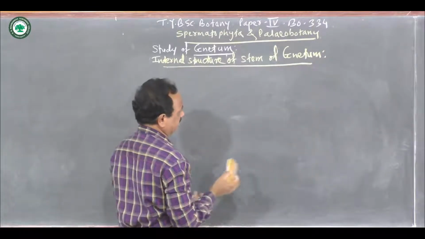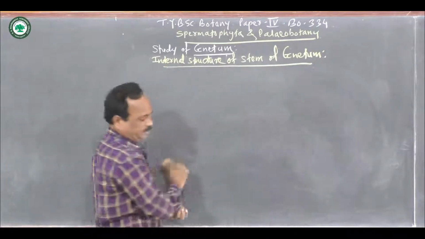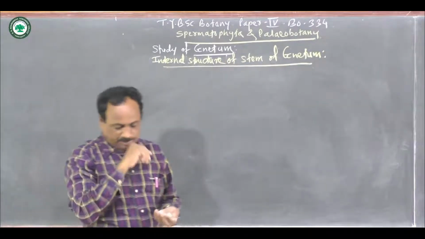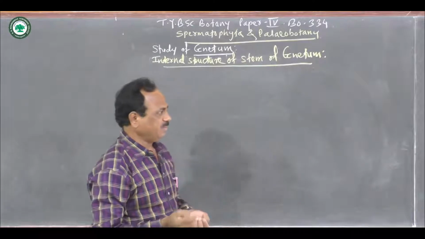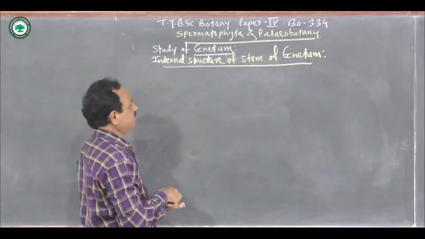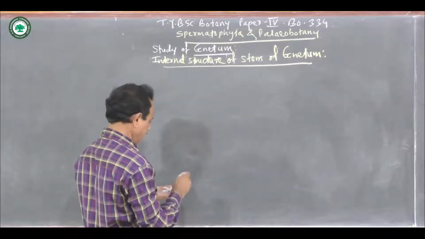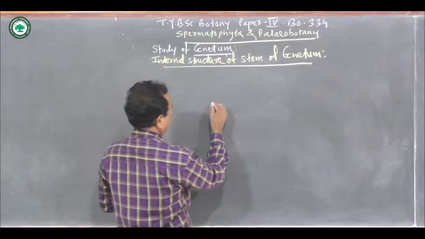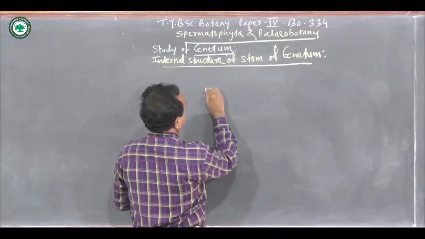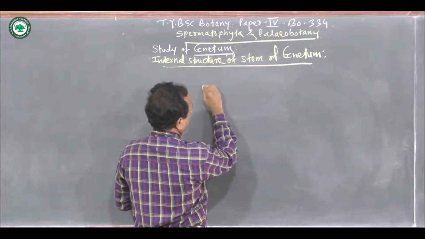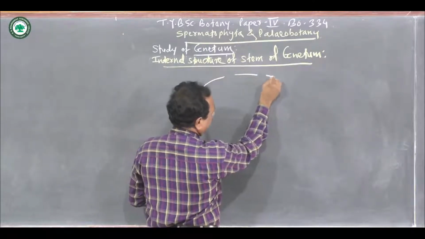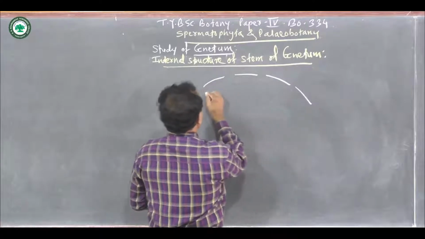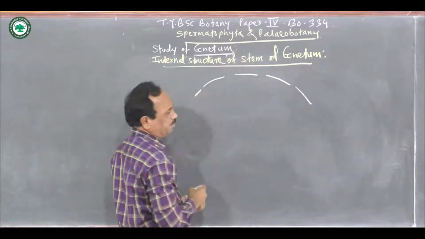If we see the stem of Gnetum, it is circular in outline, and if we take the T.S., it is circular in appearance, and it shows the presence of different types of tissue layers. The outermost layer is known as the epidermis.